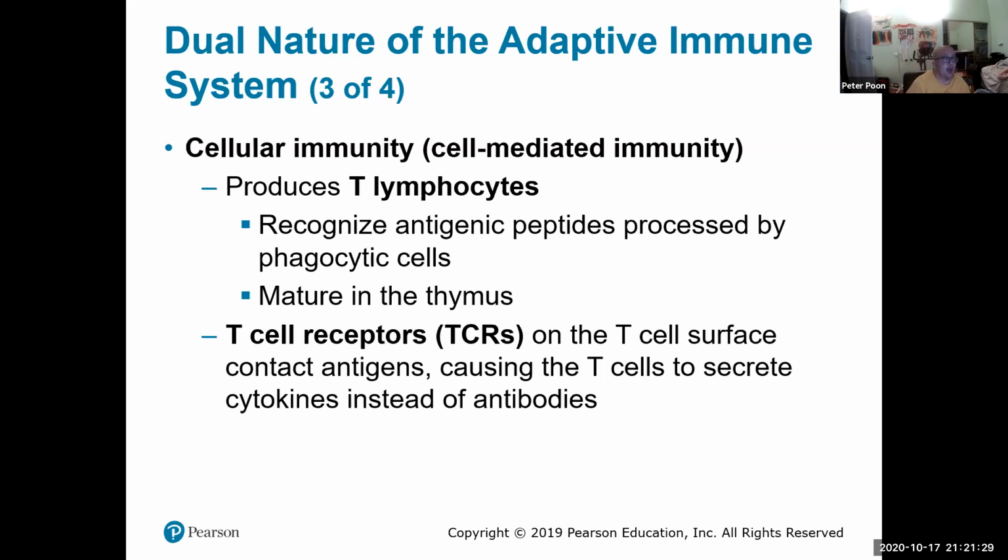T cells have T cell receptors on the surface that contact antigens, causing T cells to secrete cytokines instead of antibodies. So T cells will literally come up to you and kill you instead of secreting antibodies. They come up to the cell and they secrete cytokines that will kill the cell.